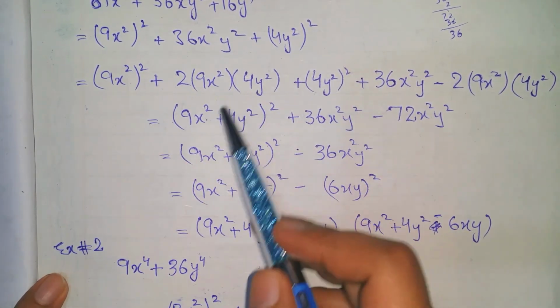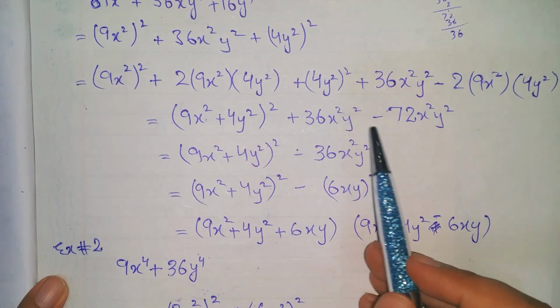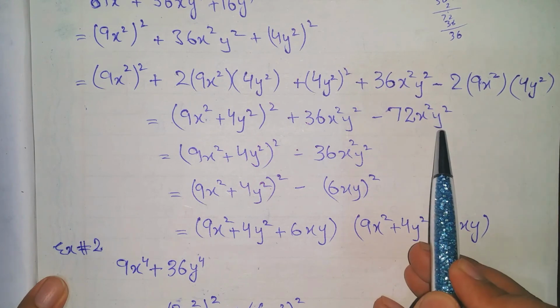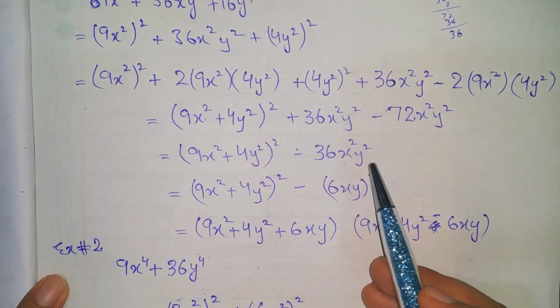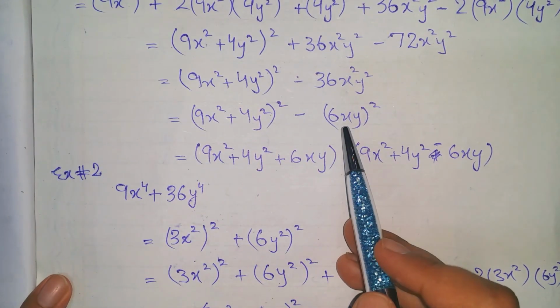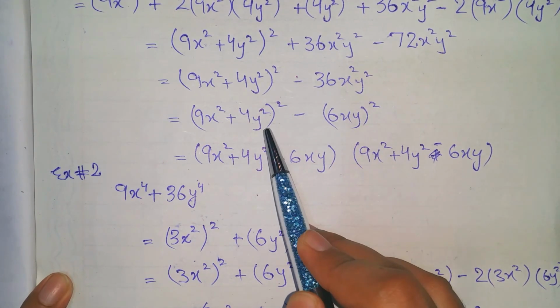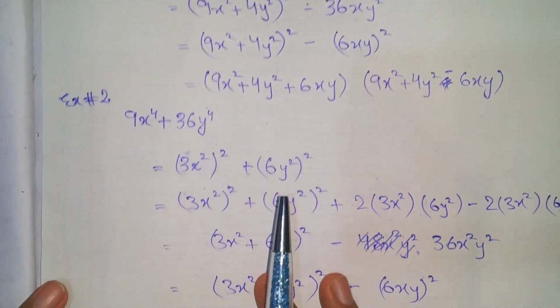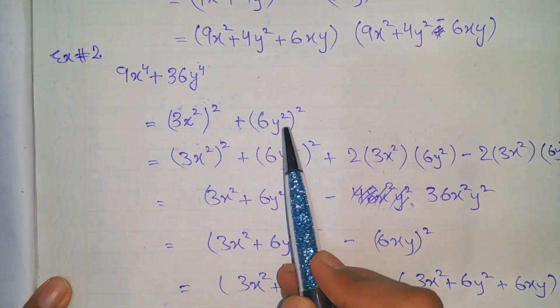So this is the formula of (a plus b)^2 plus 36x^2 y^2 minus 72x^2 y^2, and on simplification we get 36x^2 y^2 with a negative sign. Further, it is the square of 6xy, and this is the formula of (a plus b)(a minus b). Similarly, in example 2 we have two square values.